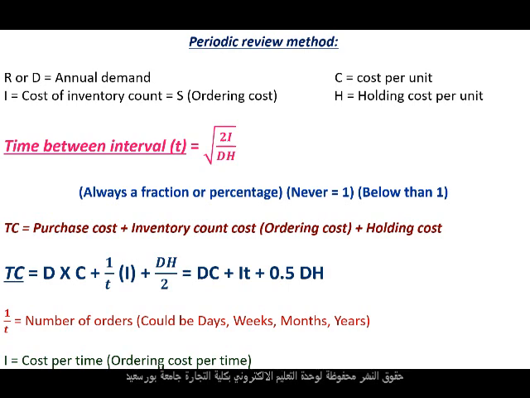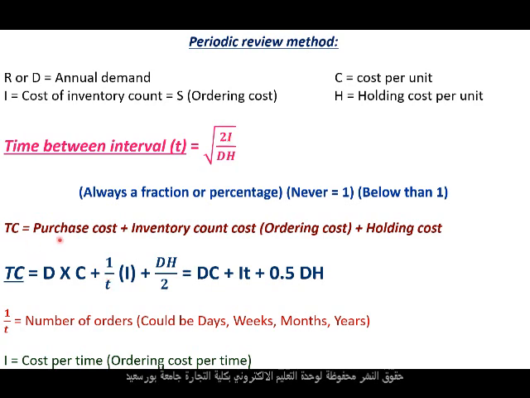How do we calculate the interval, the time between orders? T equals the square root of 2 times I over D times H, where I is like S, the ordering cost.